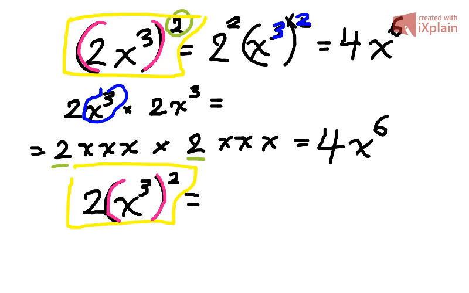So it means that 2 is not being squared at all. It stays as a 2. It's the x cubed that needs to be squared. And we know that power of a power will simply multiply the exponents. So x to the power of 6. So very different answers. And it's just the way the brackets are around the whole expression or around just one of the factors.